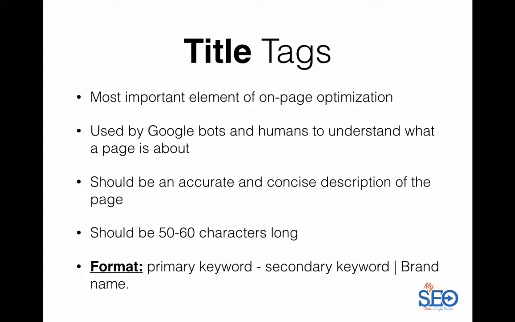Here's how you write a title tag. The format is primary keyword first, dash, secondary keyword, and then that little pipe symbol, which on a MacBook Pro is just above the enter key on the right-hand side of the keyboard. You hit shift and that key to get the pipe symbol, and then the brand name.